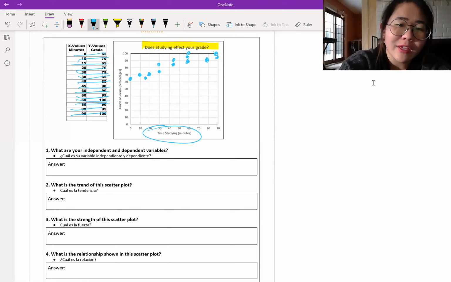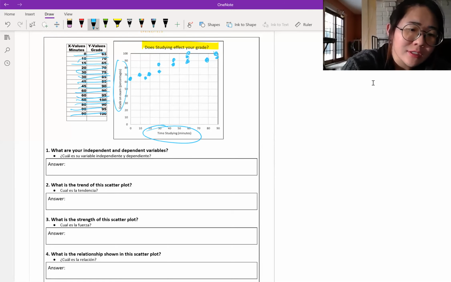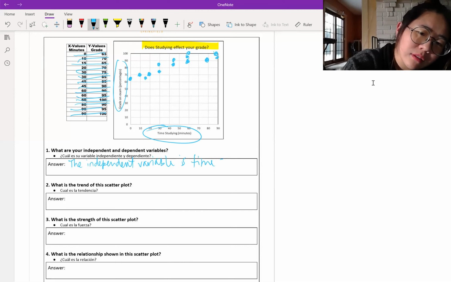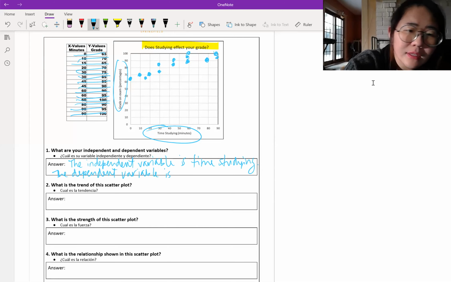We already know independent, dependent. So the independent variable is time studied. The dependent variable is grade on exam.